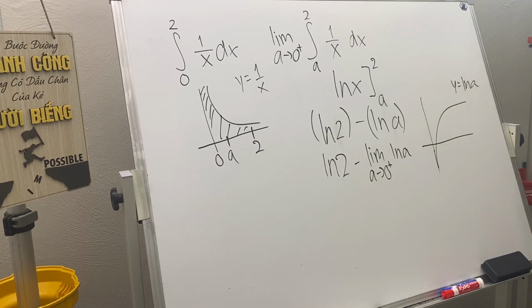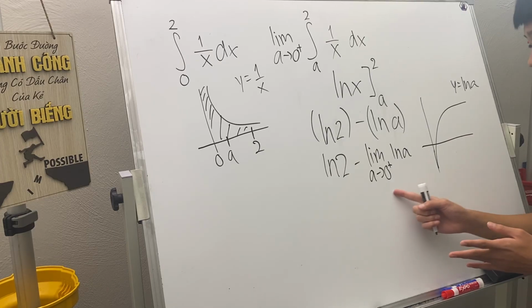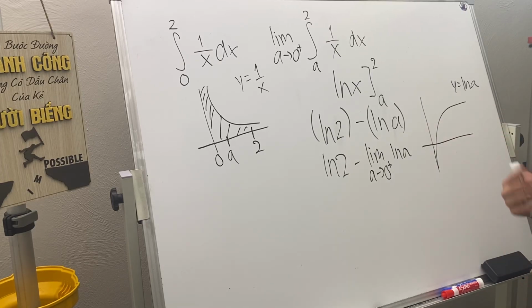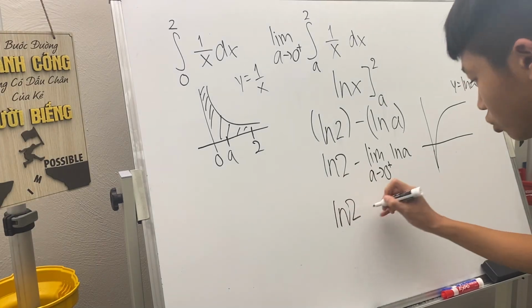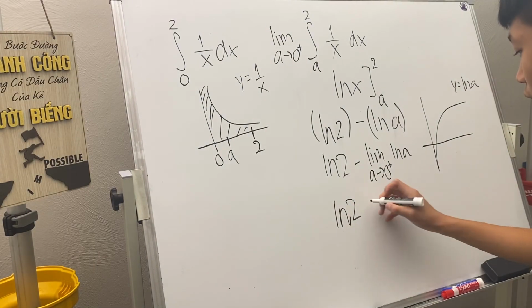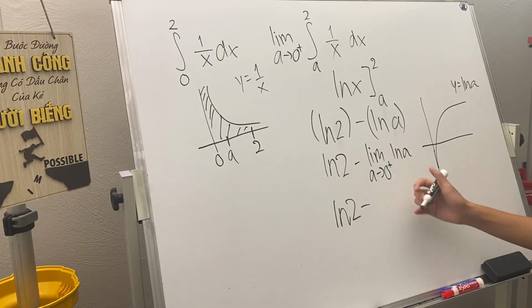From the right side, you see it's going down, and it goes down forever. Forever means infinity, so basically minus infinity. So it's ln 2 minus, this whole thing is minus infinity.